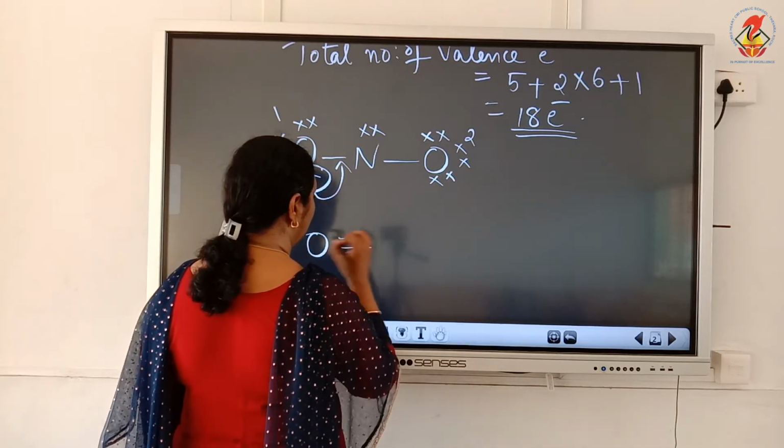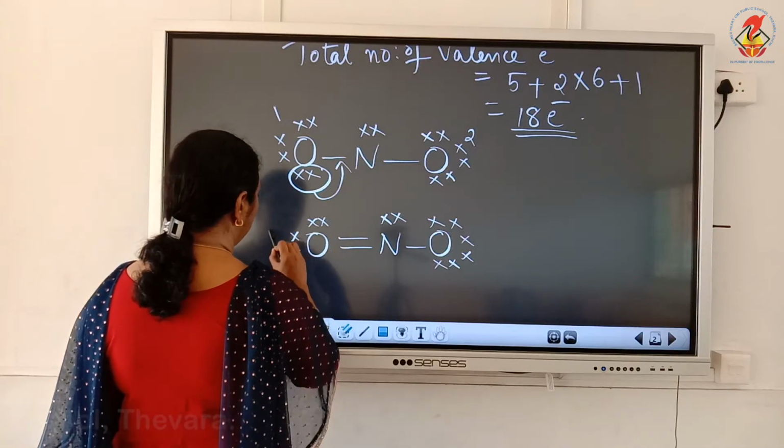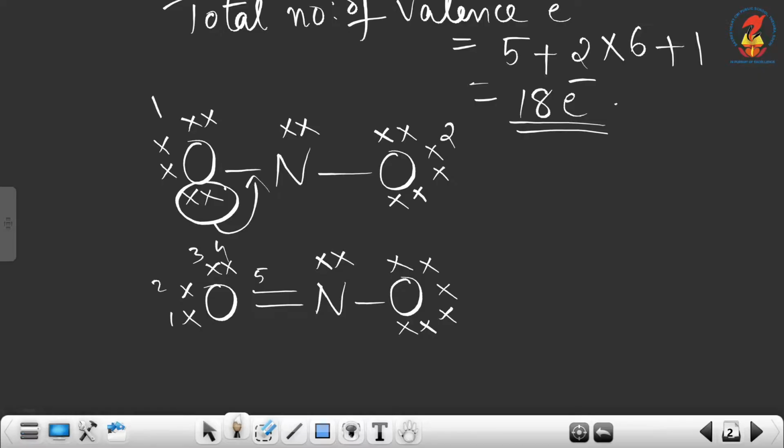O, single bond will become double bond, N, single bond, O. Now complete the octet around oxygen, 4 electrons, nitrogen, 2 electrons. This oxygen, we have not moved the electrons. Now you check the total number of electrons. This oxygen, you can see 1, 2, 3, 4, 5, 6, 7, 8.